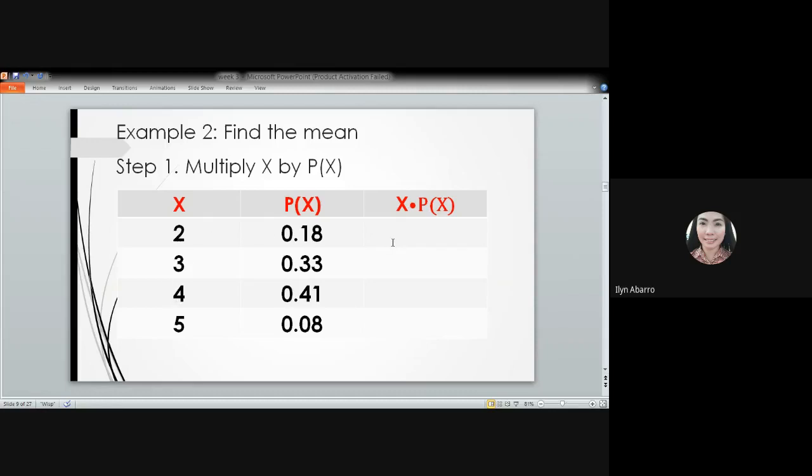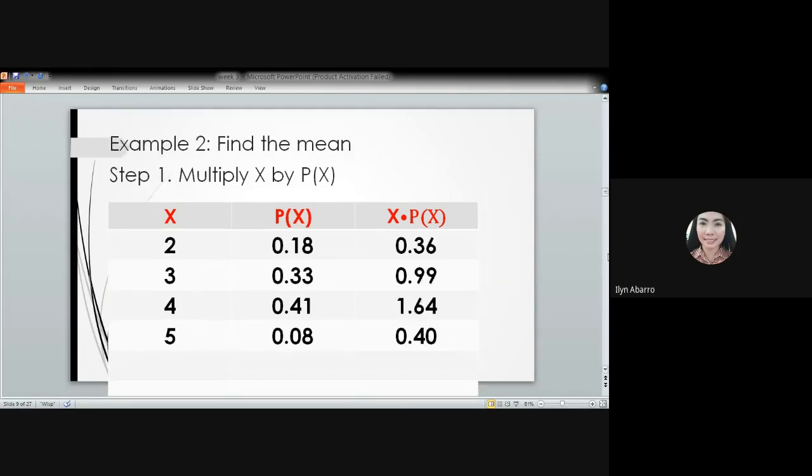So to solve for the mean, first we're going to multiply the random variable x and the probability of the random variable x. Okay, so 2 times 0.18 is equal to 0.36. 3 times 0.33 is 0.99. 4 times 0.41 is 1.64. 5 times 0.08 is 0.40.